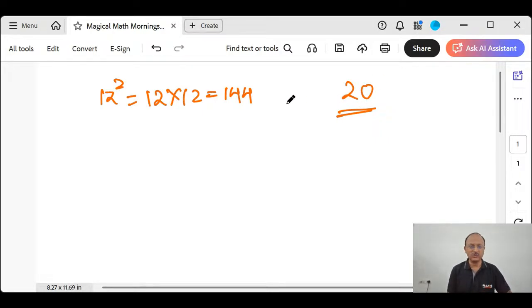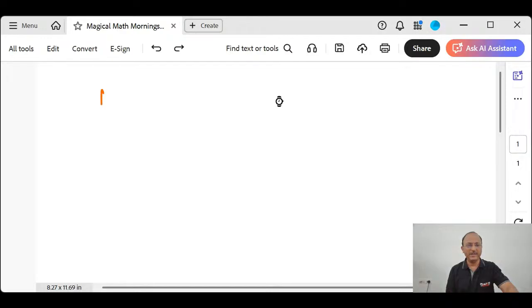But the squaring trick I'm going to teach you today is something amazing, though it is applicable for some specific cases: numbers ending with 5. Preferably we'll start with small numbers like two digit numbers.